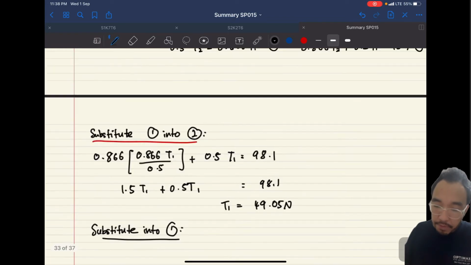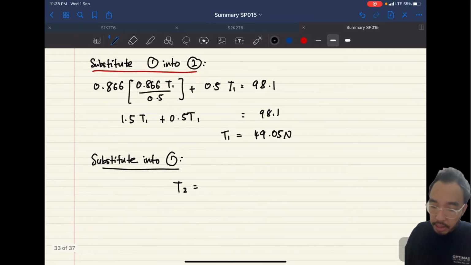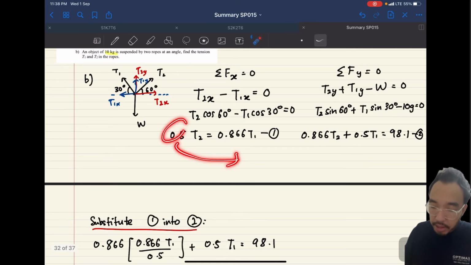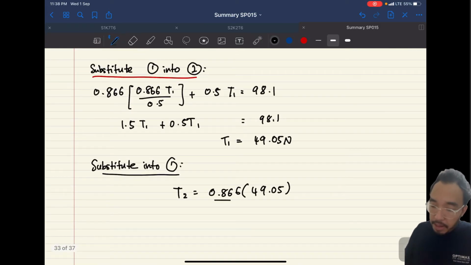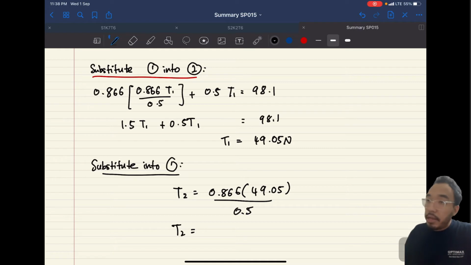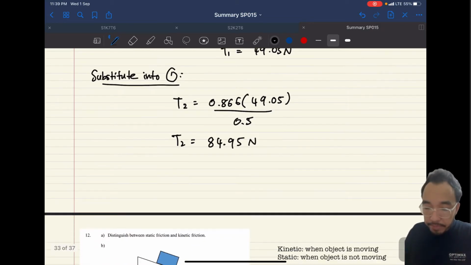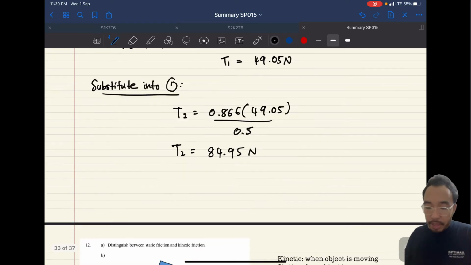Then I will have 0.5 T2 equals 0.866 multiplied by T1, and then I bring the 0.5 down here, so it will be divided by 0.5, which is T2 equals 84.95. Again, slightly different than the given answer, but don't worry about it. As long as the calculation is correct, it should be okay.